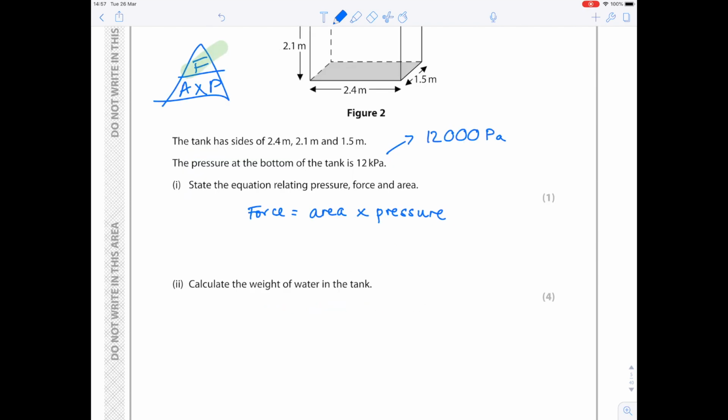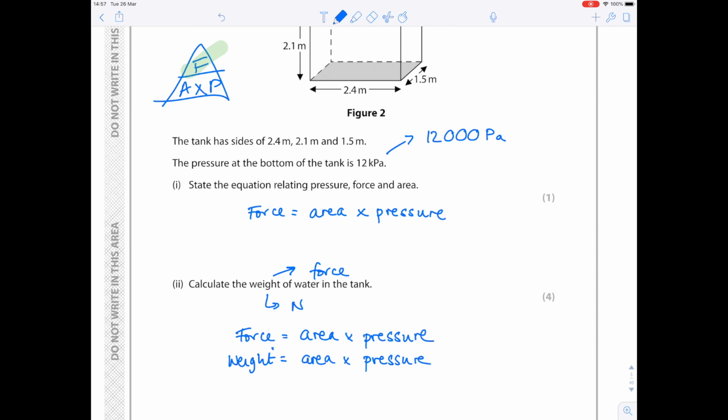Calculate the weight of the water in the tank. It's really essential that you know that the unit for weight is newtons, which is the same as force, which is why you can use that same equation that we've just written to work out the weight of the water in the tank. And because I'm doing a talk through, I'm going to write out my exact working. So we obviously need to find out the area.